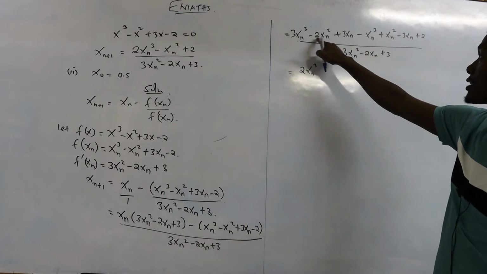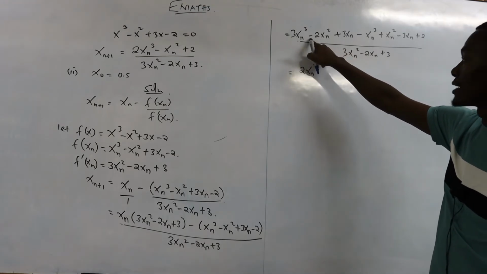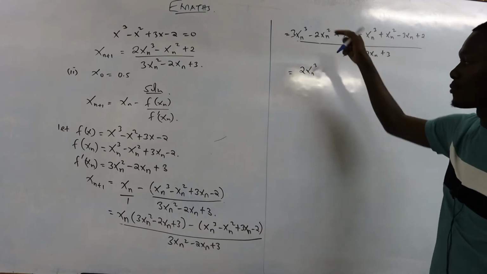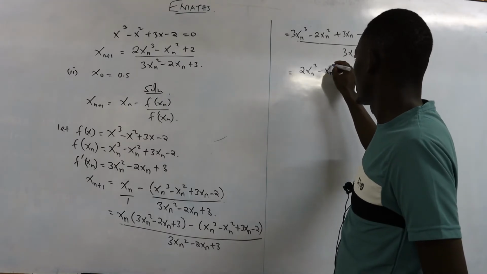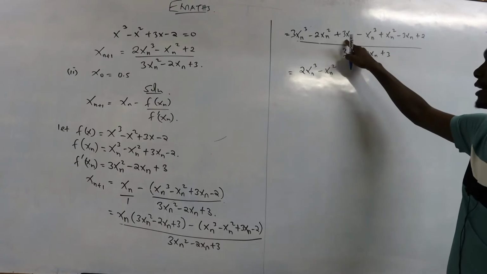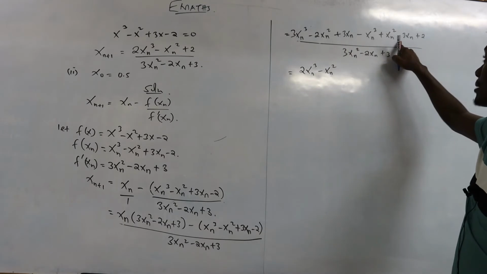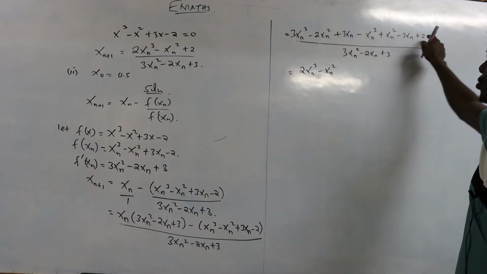Now go to the square part. We have negative 2. Remember, a value carries the sign before it. So negative 2xn squared plus 1. So negative 2 plus 1 gives you negative 1. So it will be negative xn squared. Okay, then we have positive 3xn, negative 3xn. That becomes what? Becomes 0. So this and this cancel out. So you only remain with what?